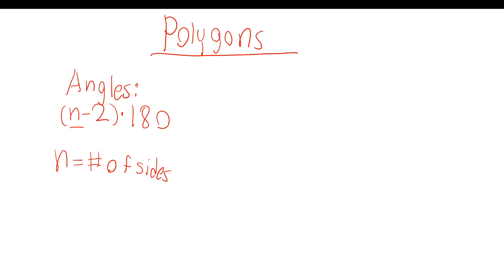Now, why is this true? Why are we multiplying it by 180 degrees? Let me use an example to show you how this formula works. Let's say we have a square. I'm just going to assume this is a square, not the best drawing.